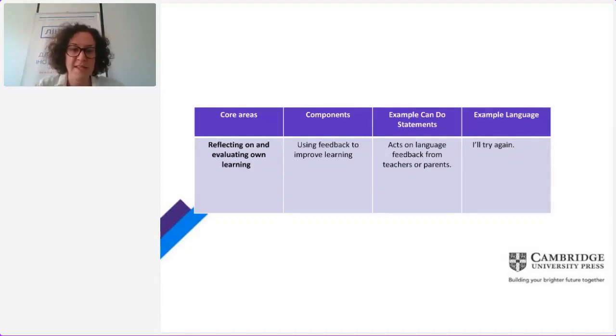And it looks like this: core area, reflecting on and evaluating own learning; component, using feedback to improve learning. This is one of the components. And an example of the can-do statement: acts on language feedback from teachers or parents. So this is a can-do statement for this particular component.